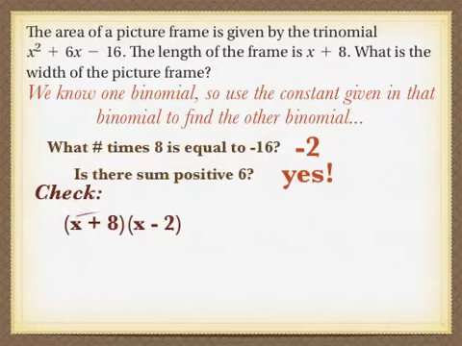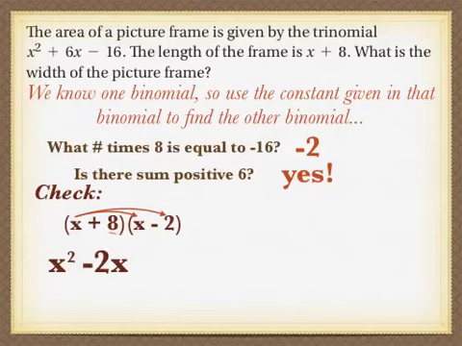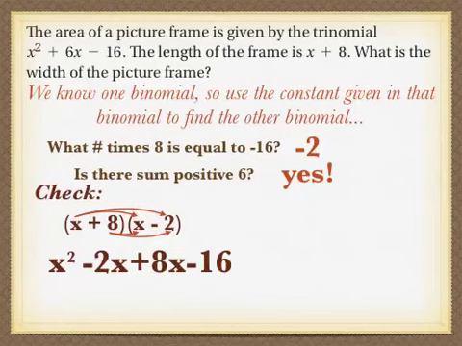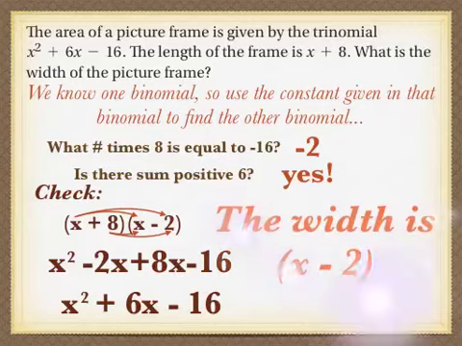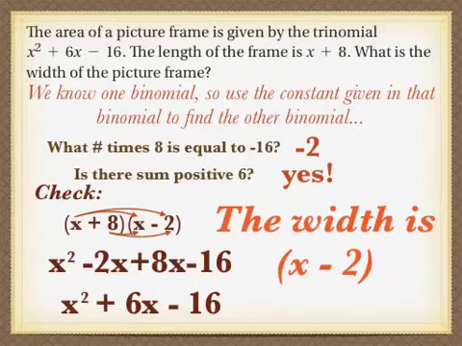Go ahead and check your answer just like in all of these examples. X times x is x squared, negative 2 times x is negative 2x, 8 times x is a positive 8x, and 8 times negative 2 is negative 16. Negative 2x plus 8x is a positive 6x, and if you look, that is what I needed my answer to be when I factored these two binomials. So the width of the picture frame is x minus 2.